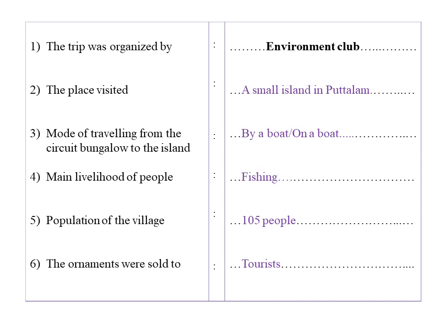So, the answer for number 4 is fishing. What is your answer for number 5? Yes, it's 105 people. The population, or the number of people living within the island, can be easily found in the sentence Gramanilidari said it had 105 people.